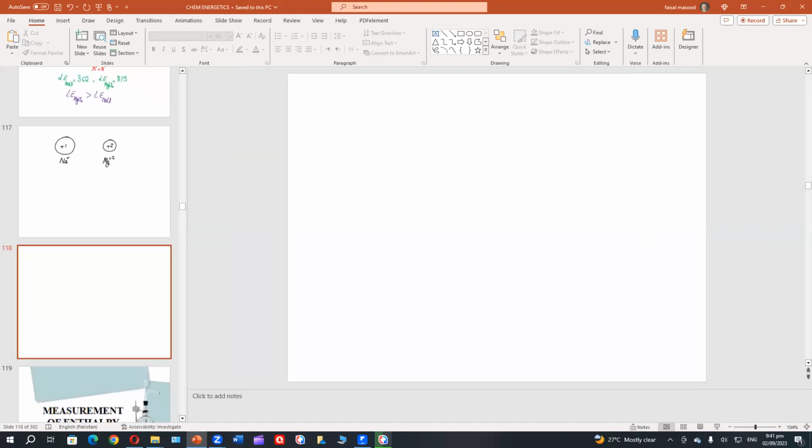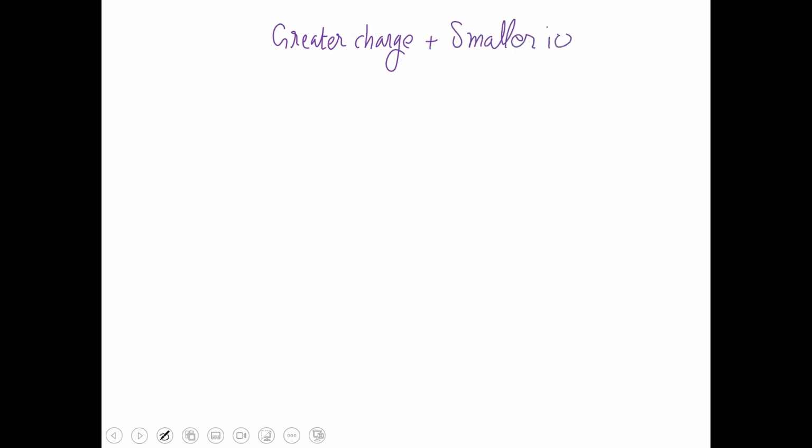Greater charge plus smaller ions gives you stronger lattice. I will write this one down also. Stronger lattice.